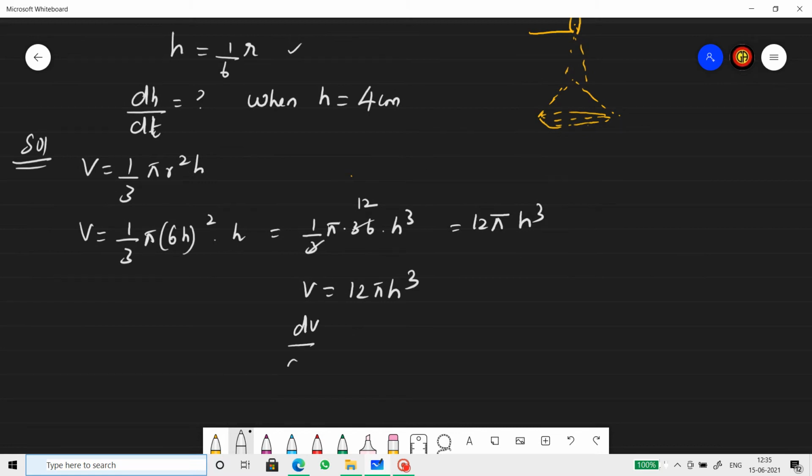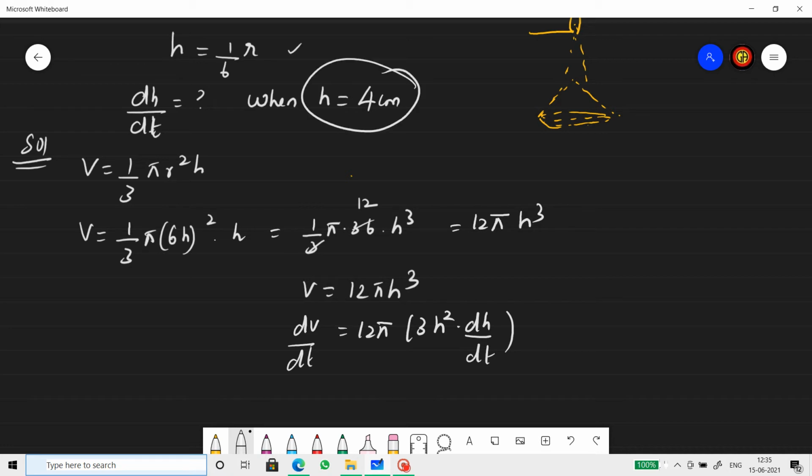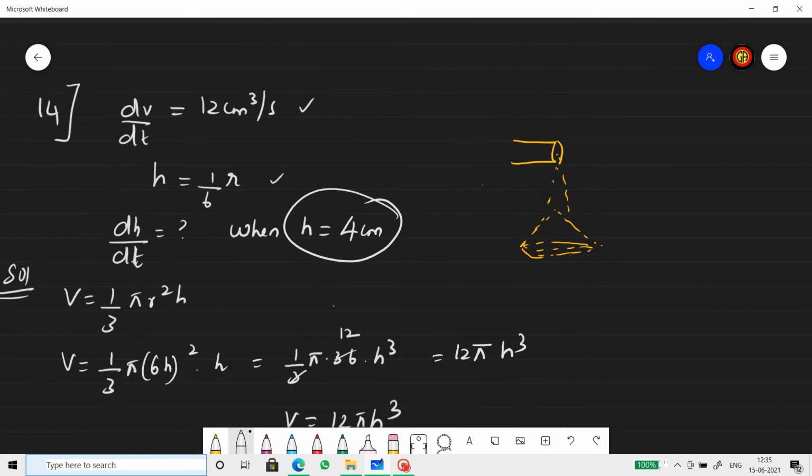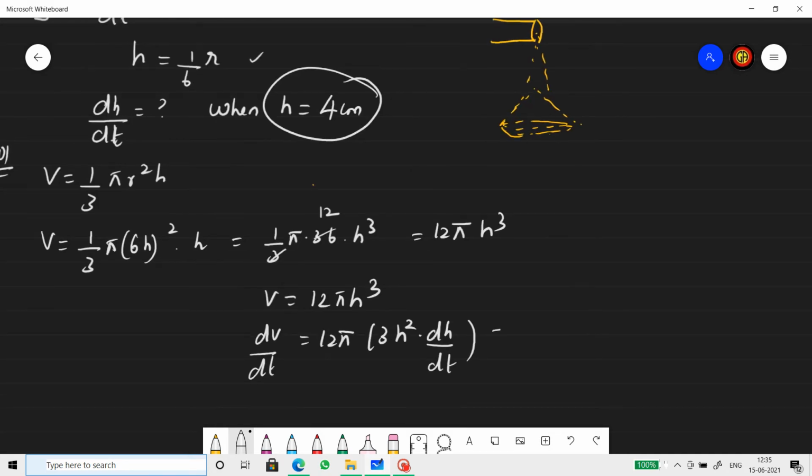So dV by dt equals 12 pi is a constant, h cube differentiation is 3h square into dh by dt. And we know h is 4. We also know dV by dt as 12. So this will give us 12 equals 12 pi into 3 into 4 square into dh by dt. Isn't it? Now with this I can find dh by dt straight away.